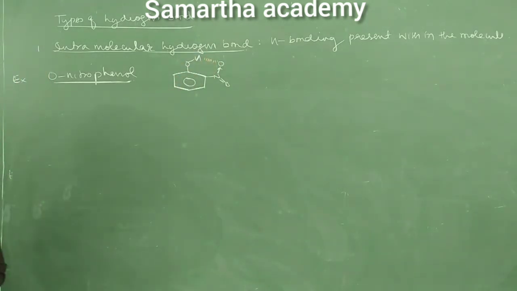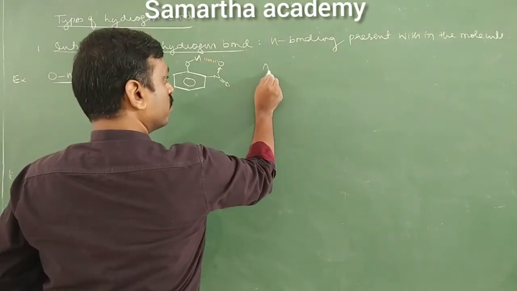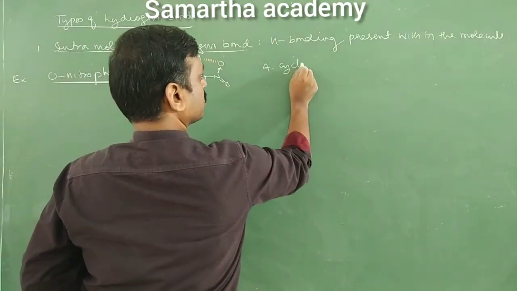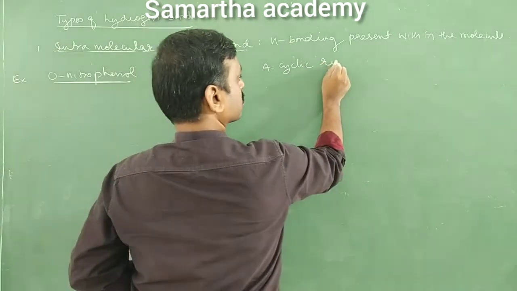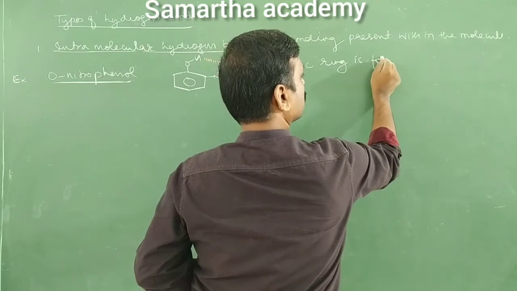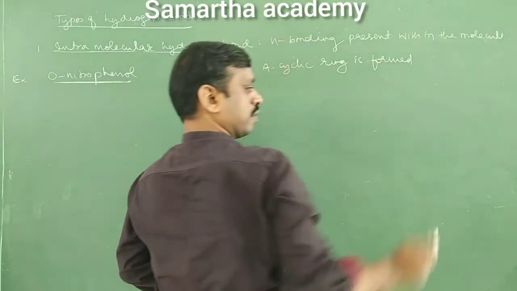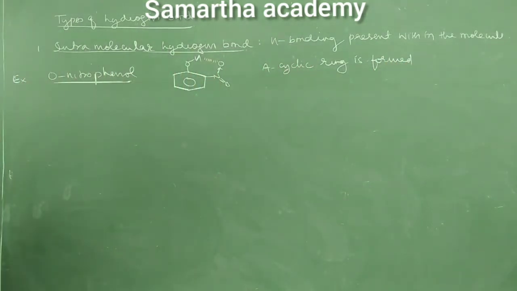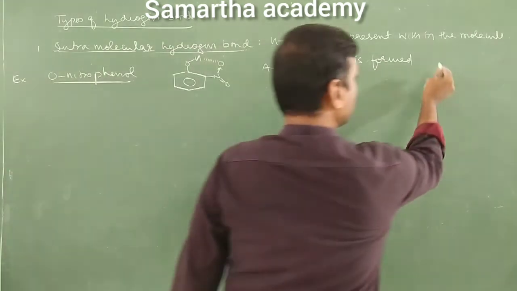Remember, a cyclic ring is formed in intramolecular hydrogen bonding, which is called chelation.